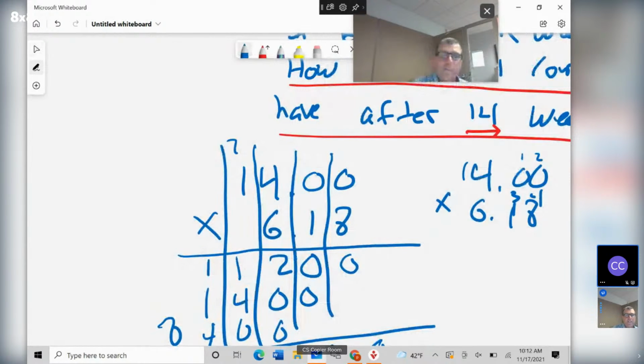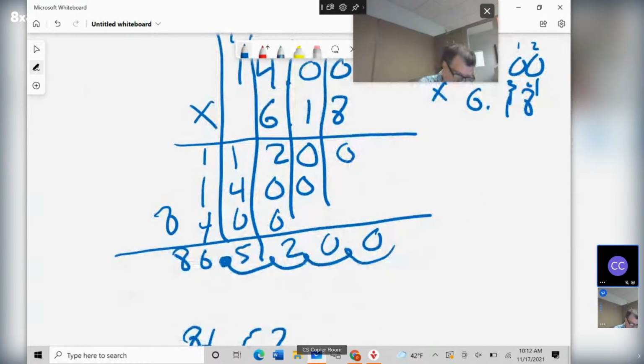Okay. So if you're going to put the 2 zeros in there like I did up here, once you get to the bottom and you've got your answer, you want to go back and see how many places are to the right of the decimal. In this case, there's 2 zeros after the 14, and then there's the 1 and 8 after the 6, which is 2 more. So when you get your answer, I got 865,200.